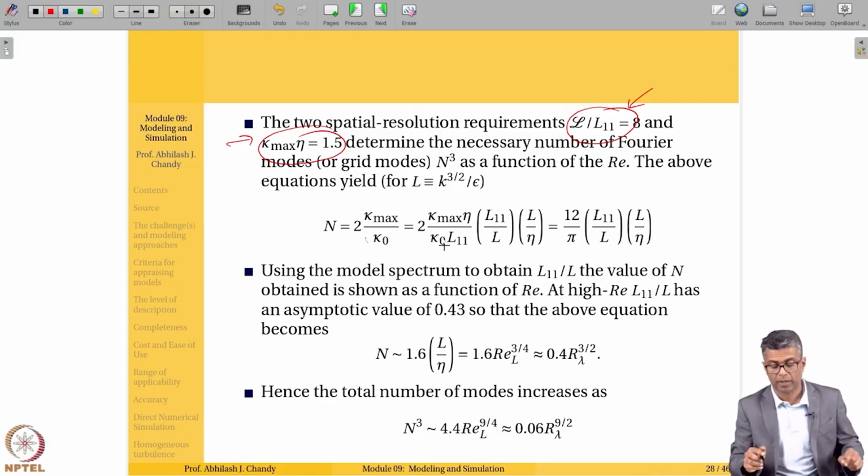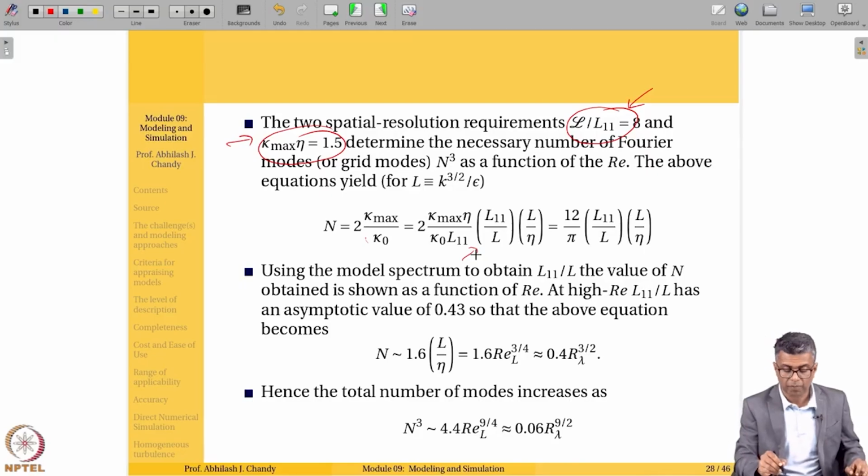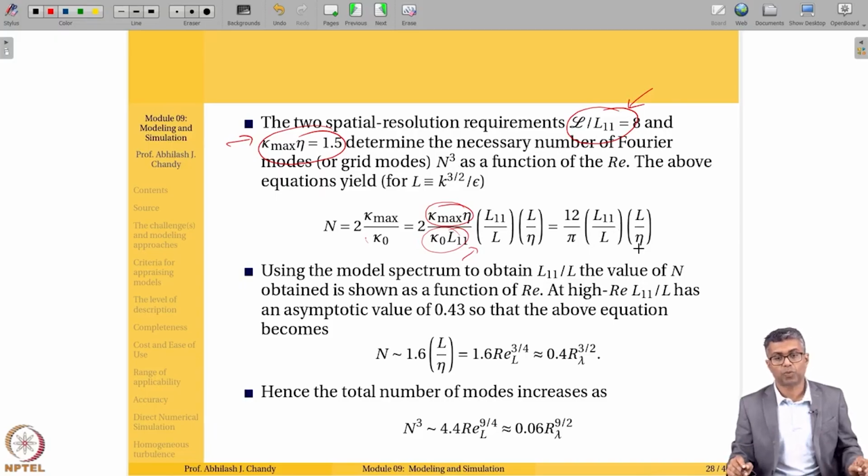Finally, for kappa max eta I put 1.5, and for kappa naught L11 I put 0.8, which is what I determined. Then I have all of this left, so I have 12 over pi, L11 over L, times L over eta. So this is what I have.